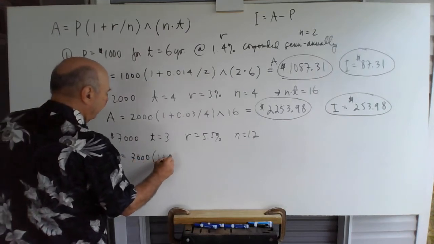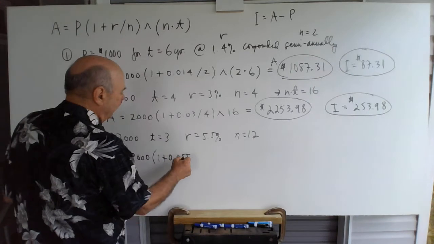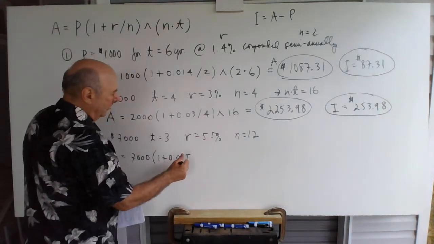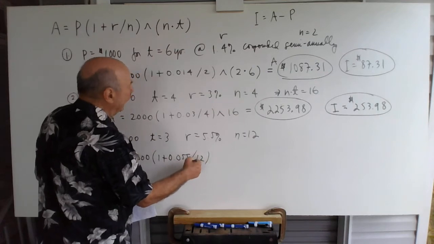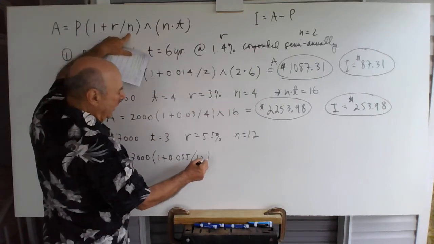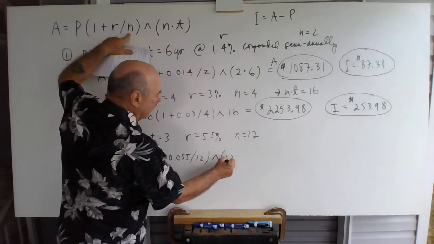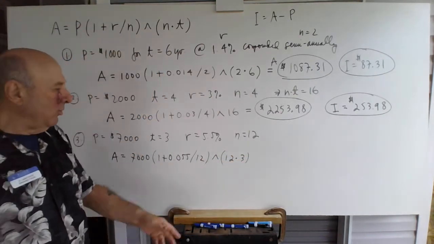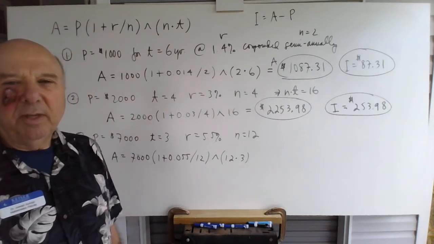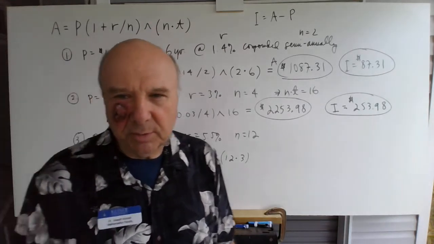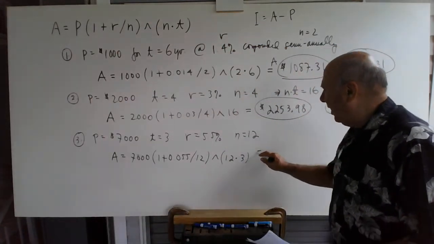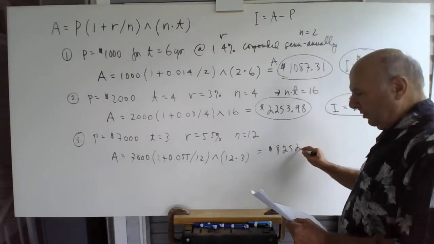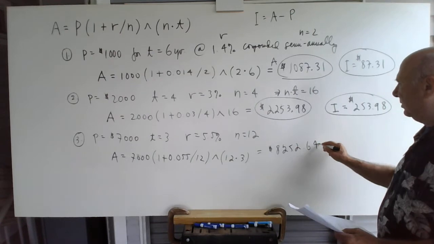1 plus 0.055. Remember how to change a percent to a decimal, move it 2 places to the left, slash 12, because now N is 12, and caret, so N is 12 and T is 3. So there are 36 compoundings. So you could write 36, or you could do it this way in your calculator. It's your choice. And so when I do this calculation, I get $8,252.64.